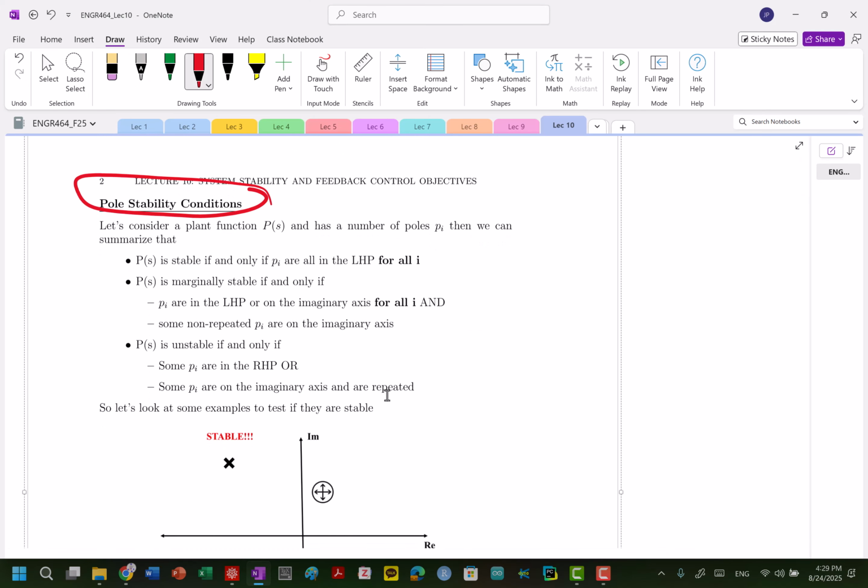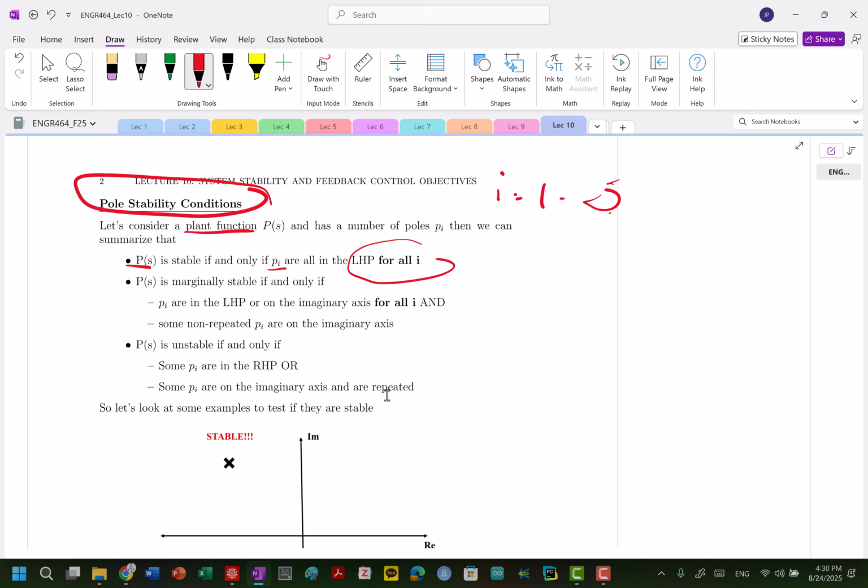Now, let's flesh out the statement we made before. Remember, our plant function or transfer function is stable if and only if the p sub i's, and there could be multiple of them, from i equals 1 to some number, are all in the left-hand plane.